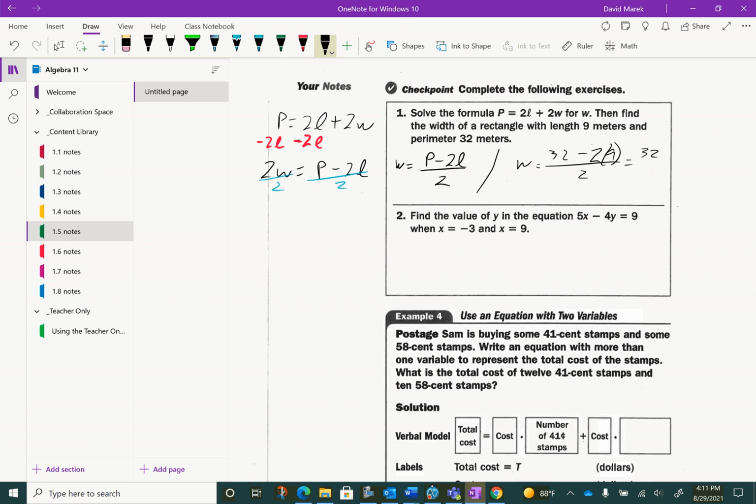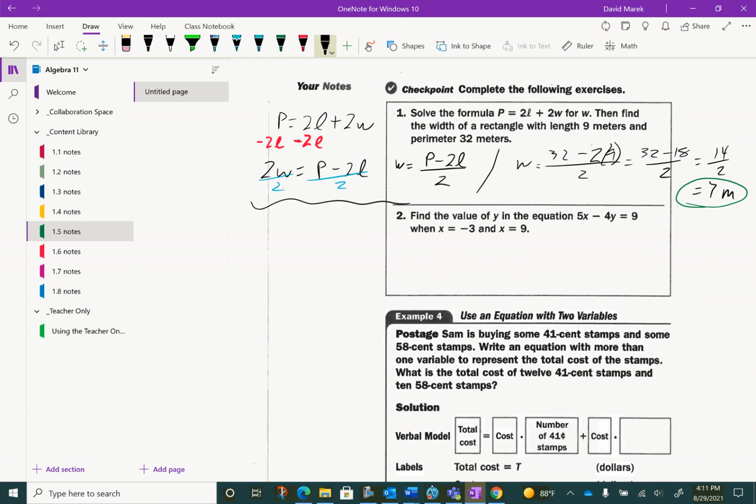So 32 minus 2 times 9 will be 18. Yay, they're all nice whole numbers, so we'll know this divides out evenly. 32 minus 18 should give you 14. 14 divided by 2 is 7. So that should be 7 meters. Careful, make sure that you put a unit of measurement on there.